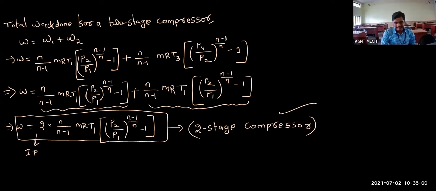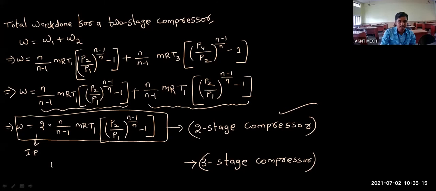Similarly, if we take a 3-stage compressor, then for this one also the work done formula, similarly we can write 3 into n by n minus 1 MRT1 P2 by P1 whole to the power n minus 1 by n.